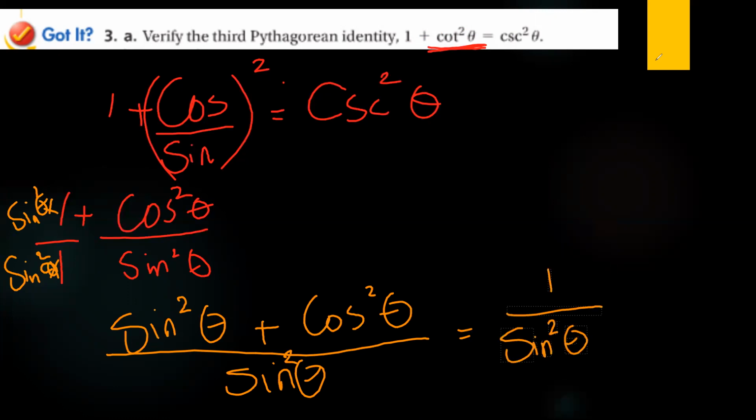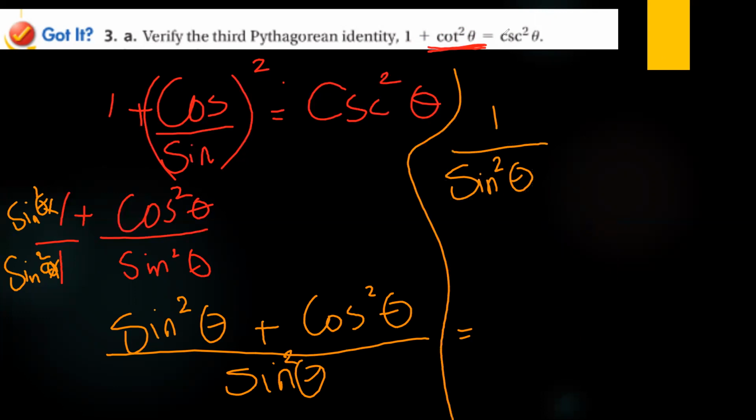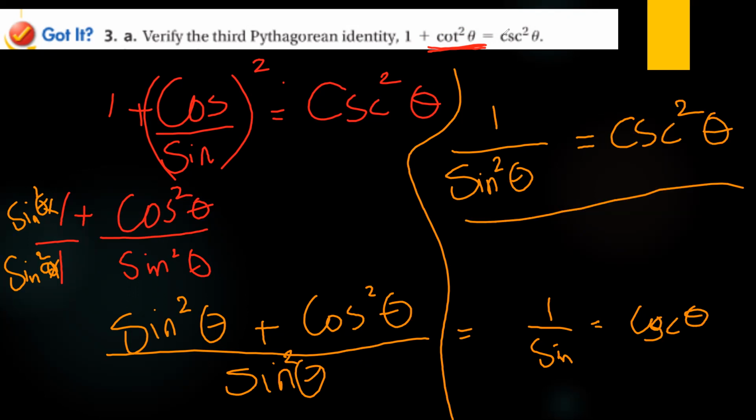Now we know that 1 over sine is cosecant. So 1 over sine squared will be cosecant squared. That's what we proved now.